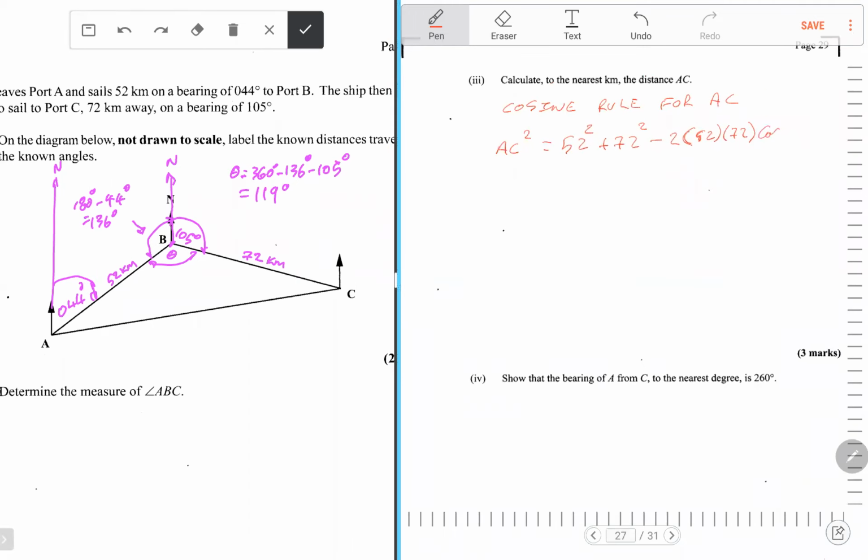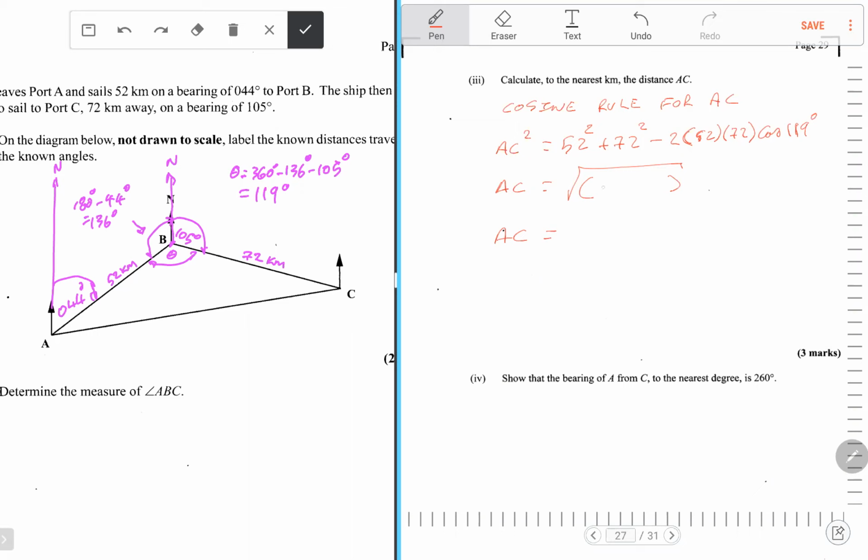And the angle between them is 119 degrees. Put all of that in the calculator and you get the final value.